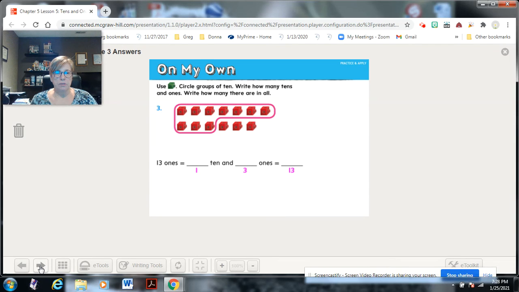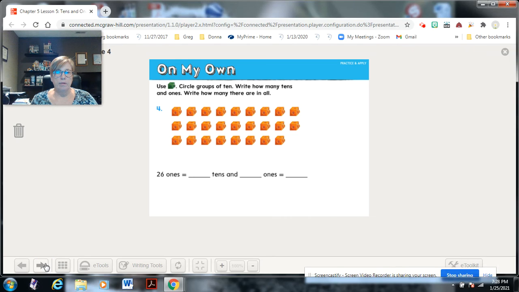Here's your answer. You notice the pattern here? Okay. Number 4. Take your time counting, pause and solve. There you go, 2 10s and 6 1s. All right.